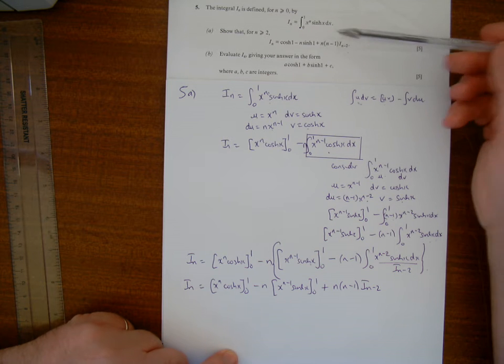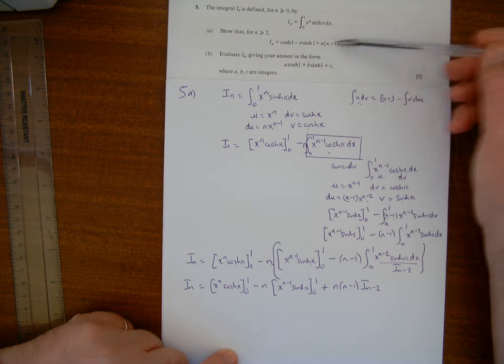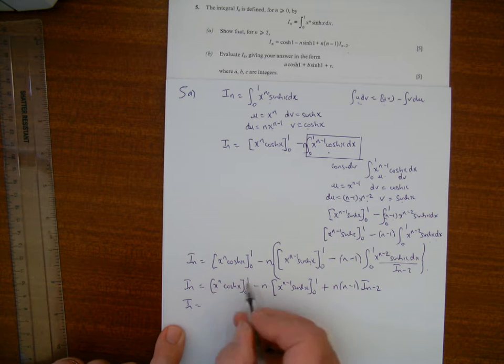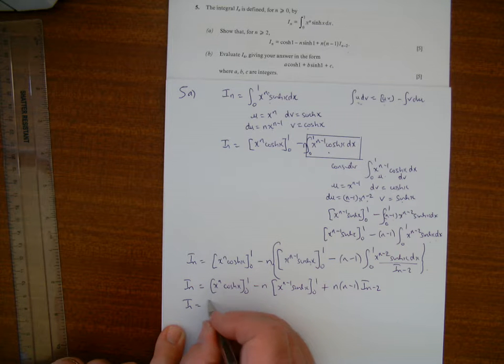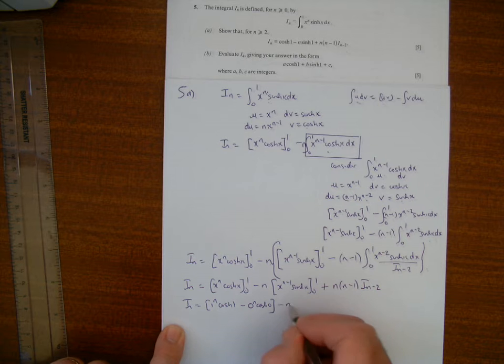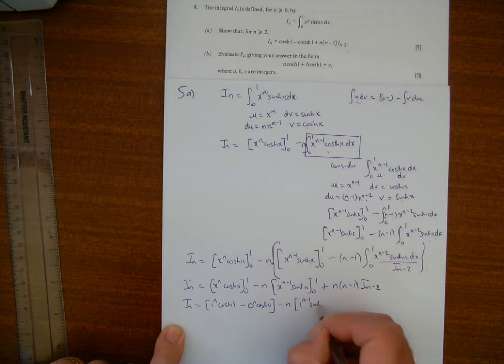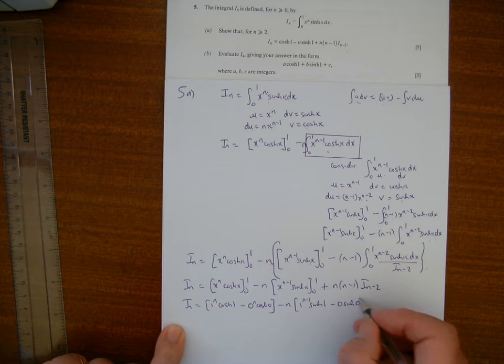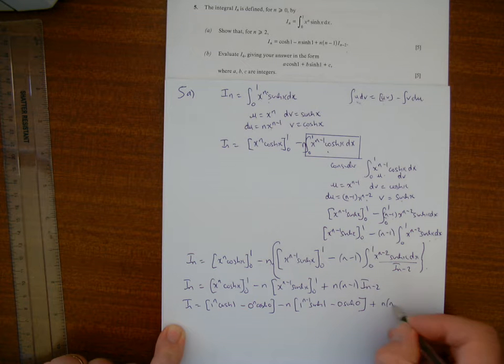Okay, when I put the limits in, if you notice, they've got cosh 1, sinh 1, so they haven't evaluated what they are. So I_n, right, put 1 in, so that's 1 to the n cosh 1, minus put 0 in, so that's 0 to the n cosh of 0, minus n, put 1 in, so that's 1 to the n minus 1 sinh of 1, minus 0 sinh of 0, plus n minus 1 I_(n minus 2).